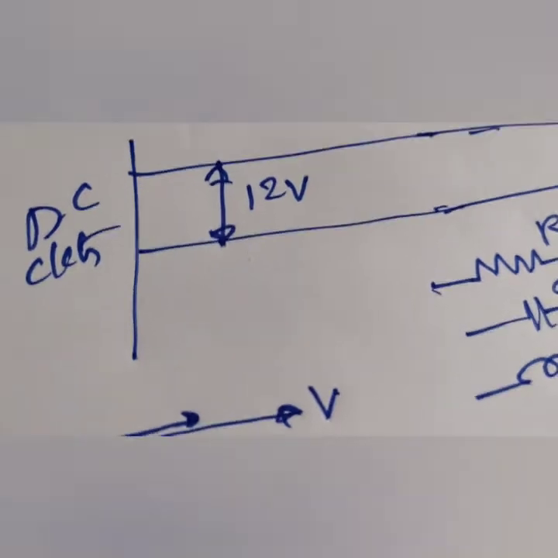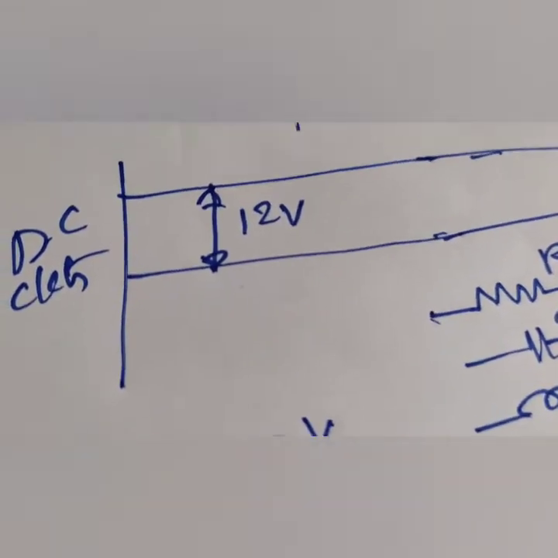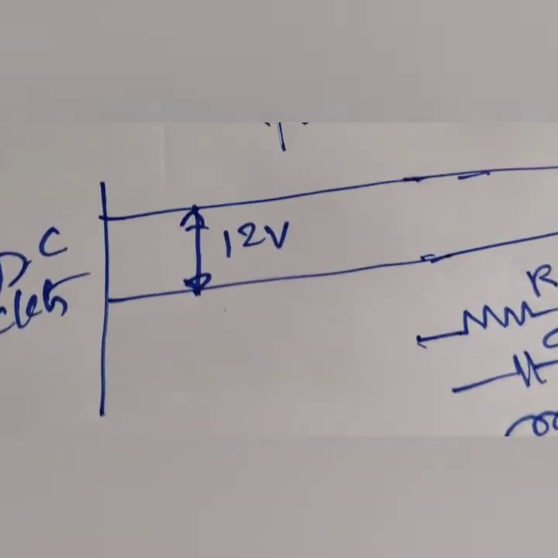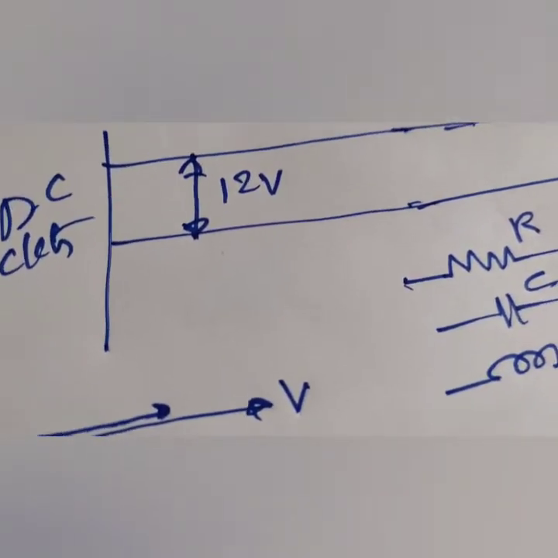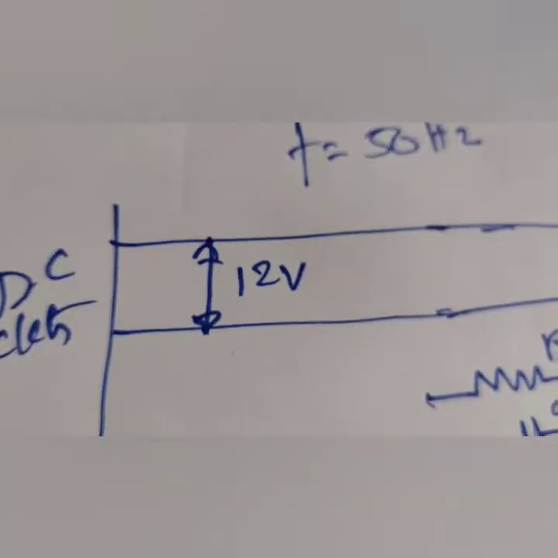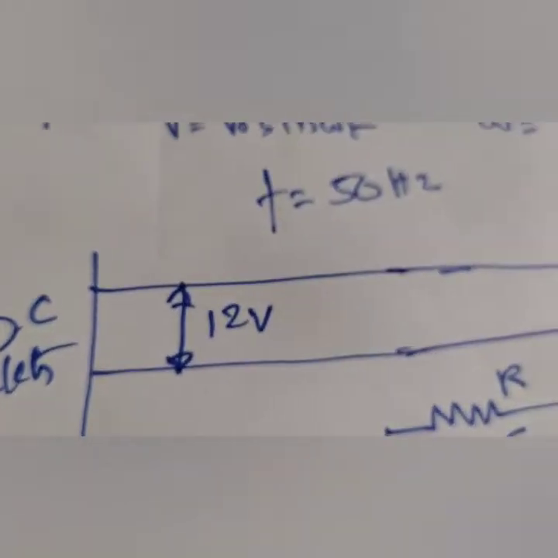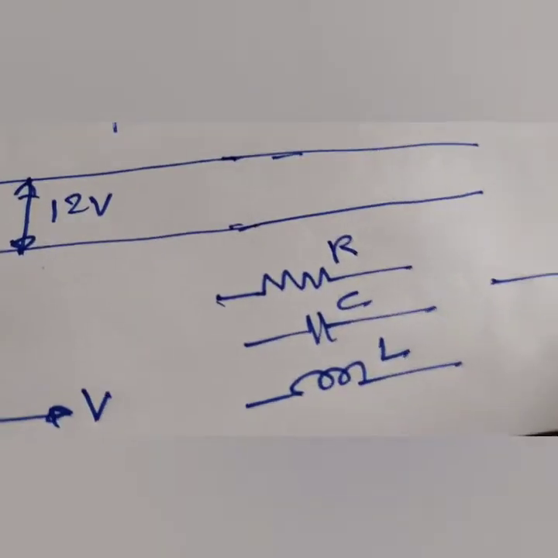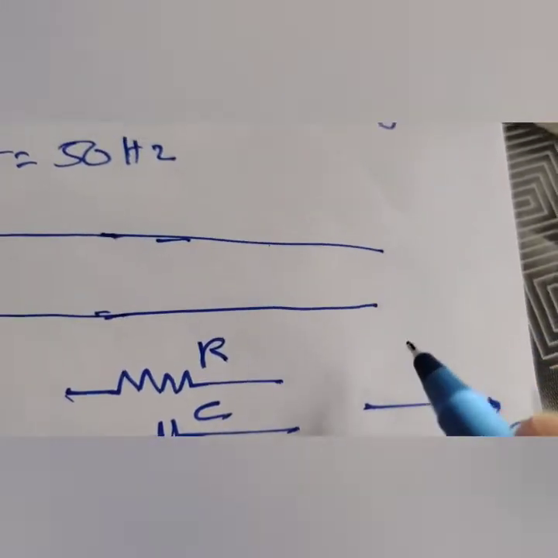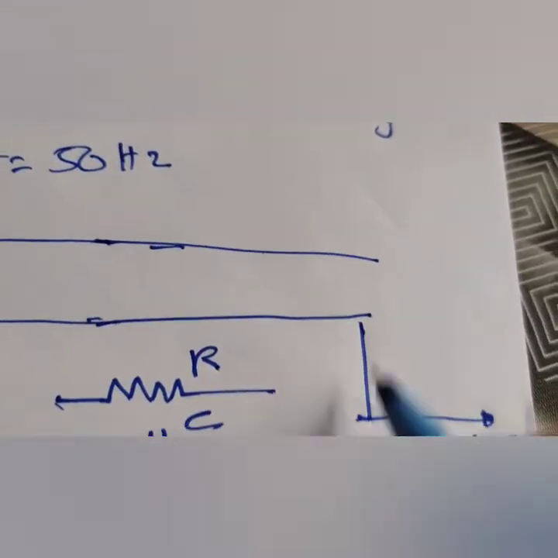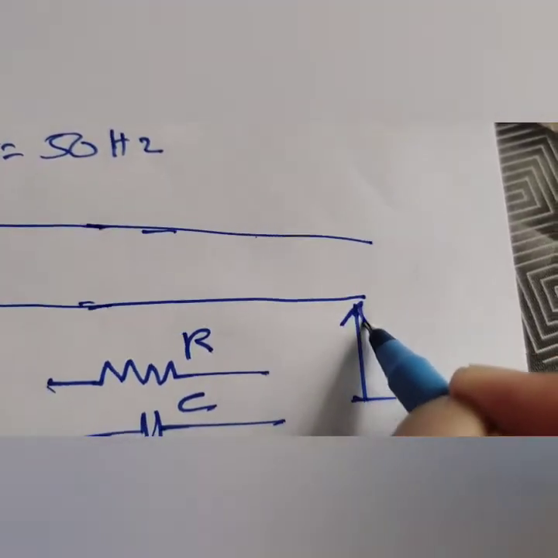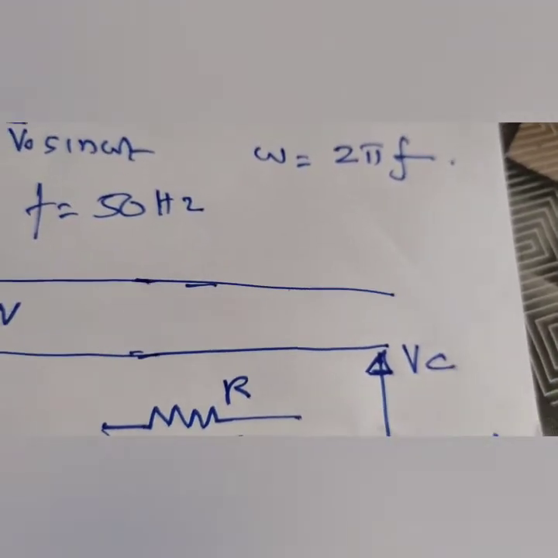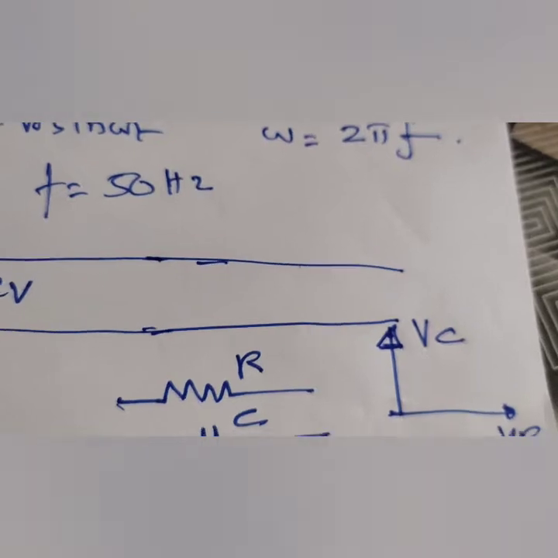Only the drop across the resistance is taken into account. When we take the capacitor, with the resistor voltage as reference, the capacitor voltage will lead exactly 90 degrees.